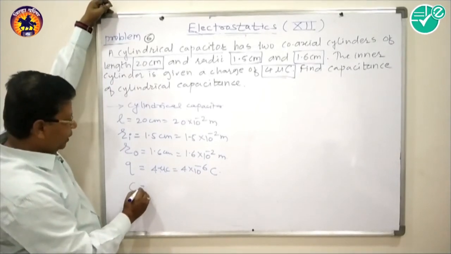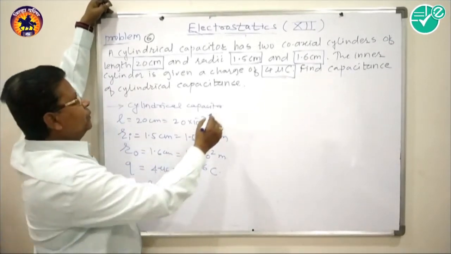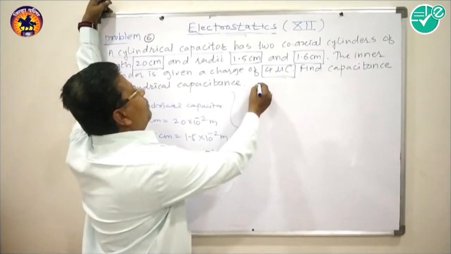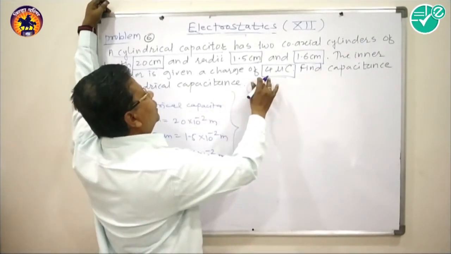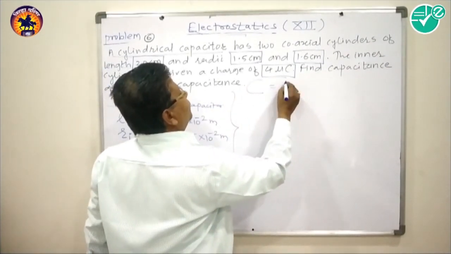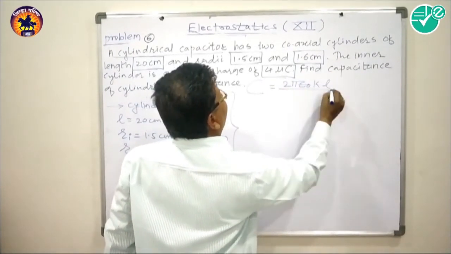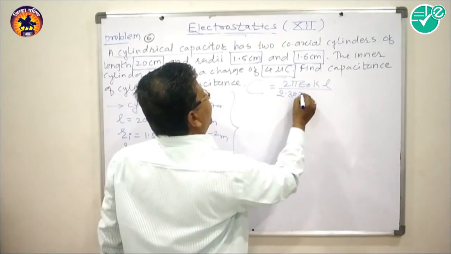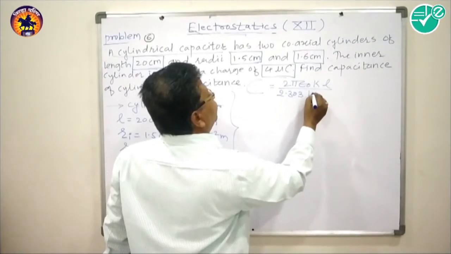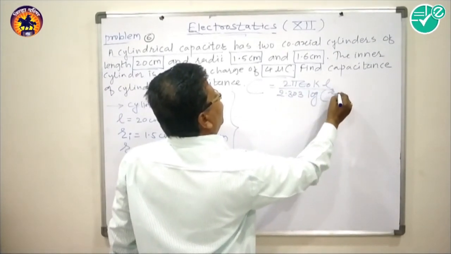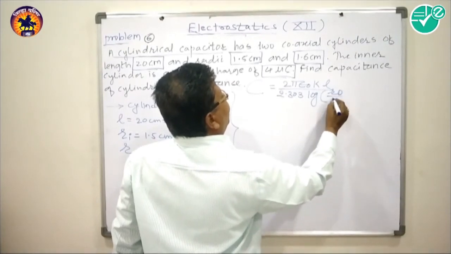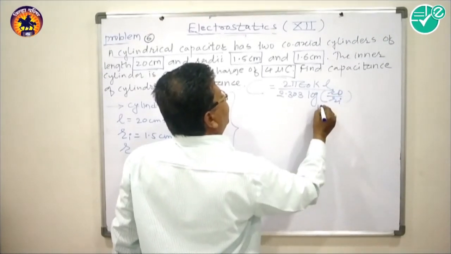And we have to find the value of C. So, the capacitance of a cylindrical capacitor is given by 2 pi epsilon 0 K into L divided by 2.303 into log of Ro upon Ri to the base 10.